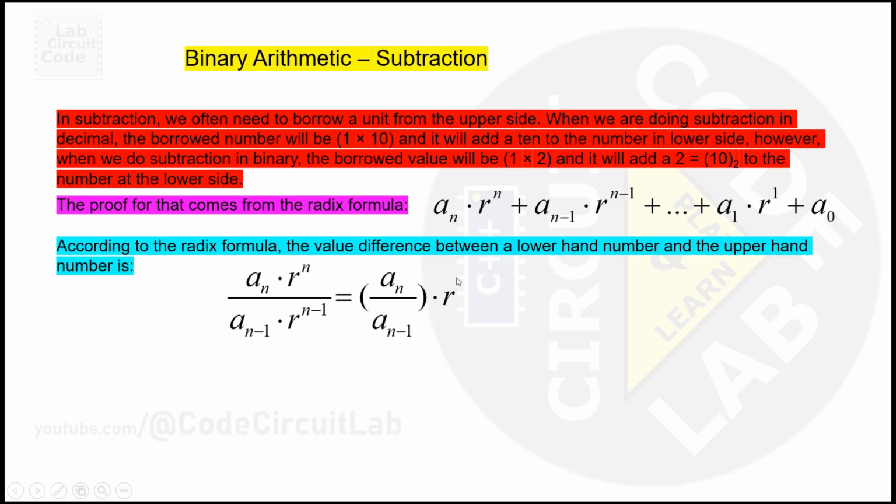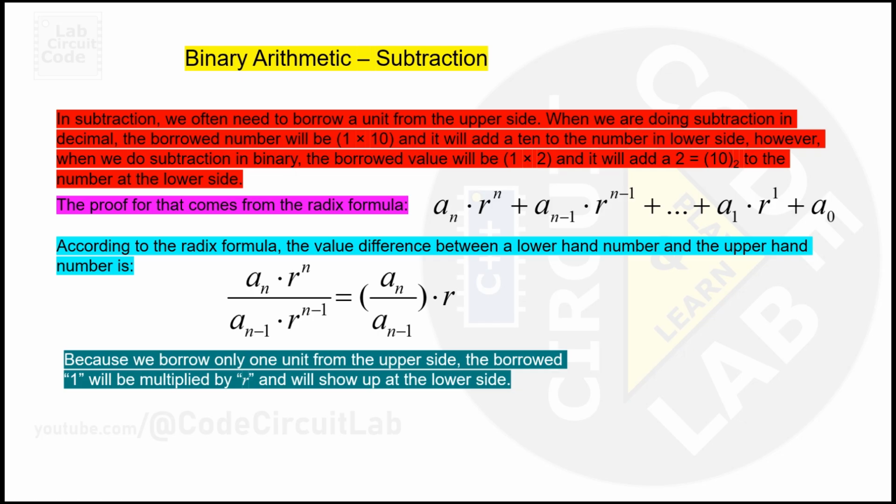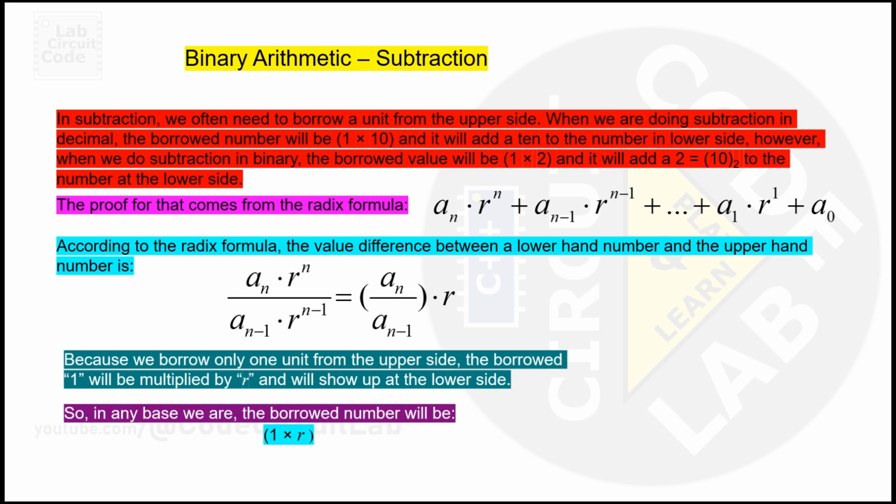So r plays an important role here. R is the base of our number. Because we borrow only one unit from the upper side, the borrowed one will be multiplied by r and will show up at the lower side. So in any base, the borrowed number will be 1 multiplied by r.